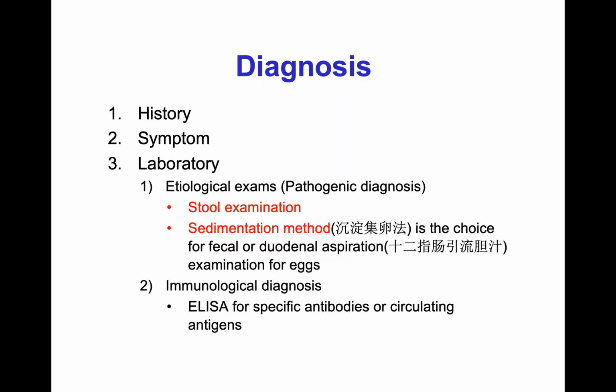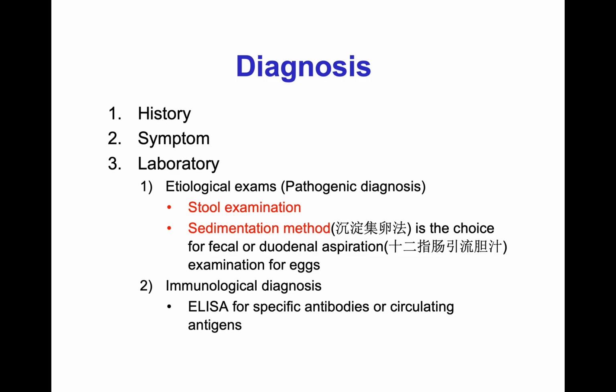Diagnosis. So you want to ask for the patient history and check for the symptoms. And with this in mind, if you are suspicious, if liver fluke is suspicious, you can do the stool examination to check whether you can find the eggs, and also you can use the sedimentation method.